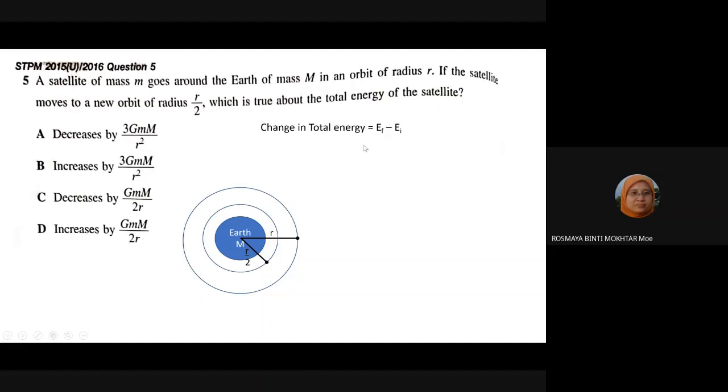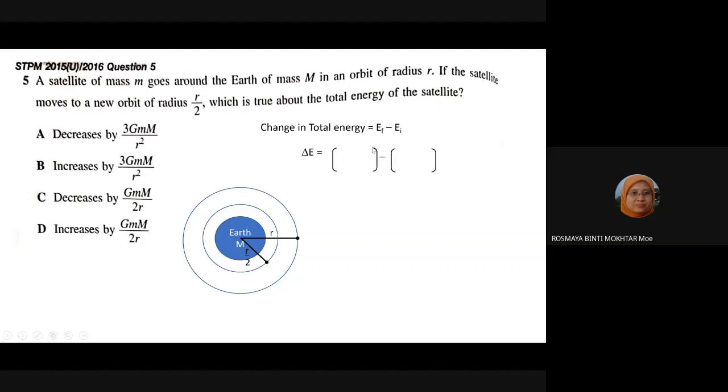Change in total energy will be E final minus E initial. So total energy at the initial position here, and then at the final position here. You must be very careful which one is final and which one is initial. We use the symbol for change in total energy, delta E.